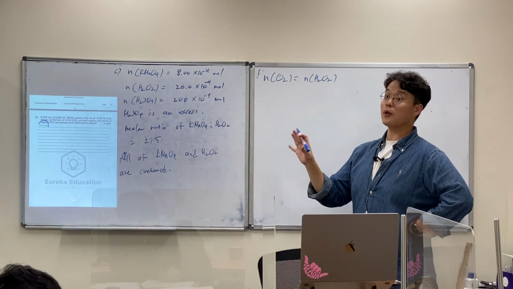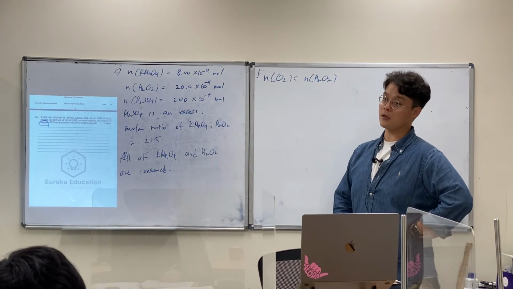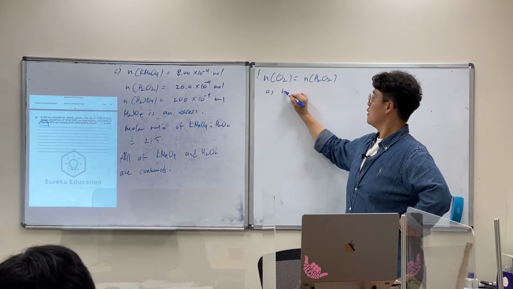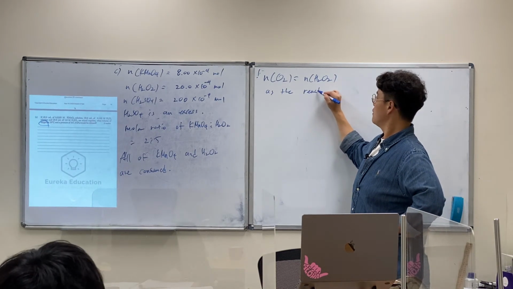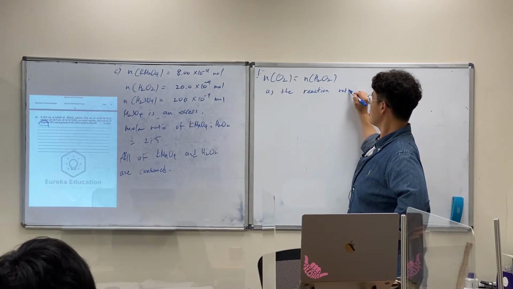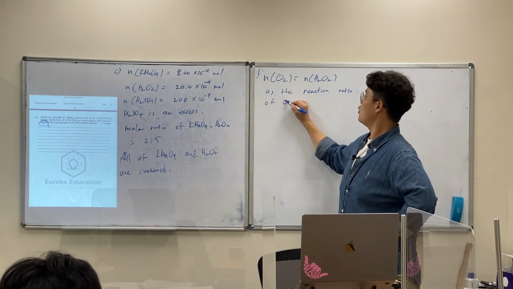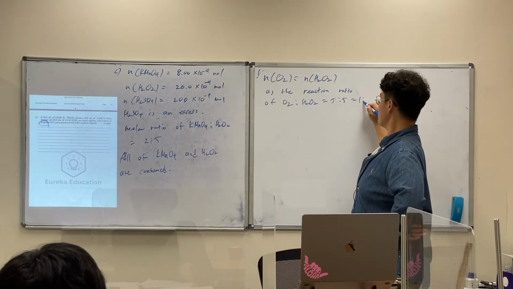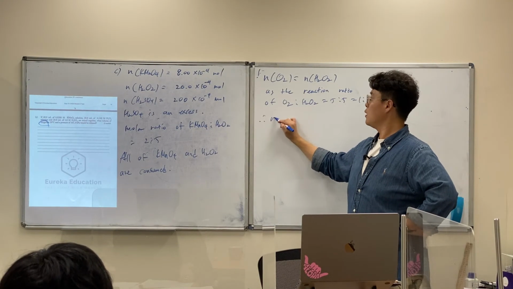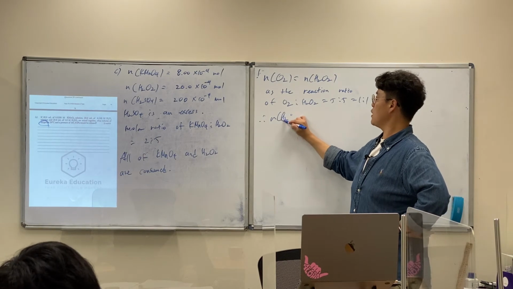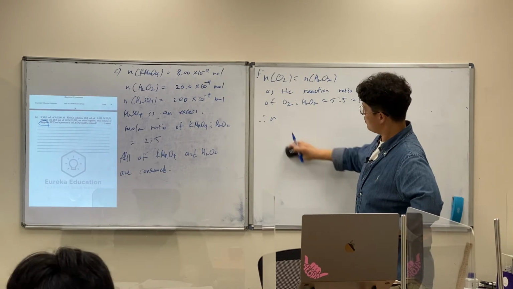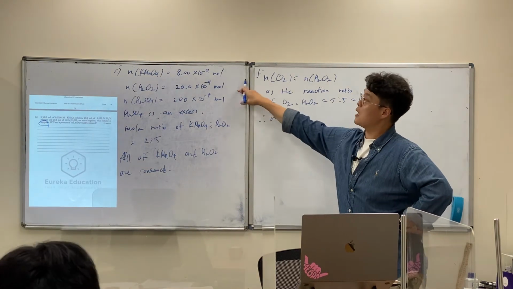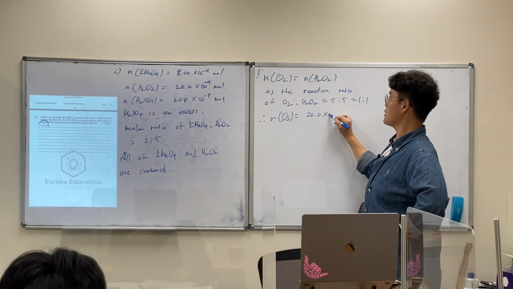I'm using the balanced equation we had previously. nO2 is the same as the reaction ratio of O2 to H2O2, 5 to 5, which is 1 to 1. Therefore nO2 would be the same as 20.0 times 10 to the minus 4 mole.